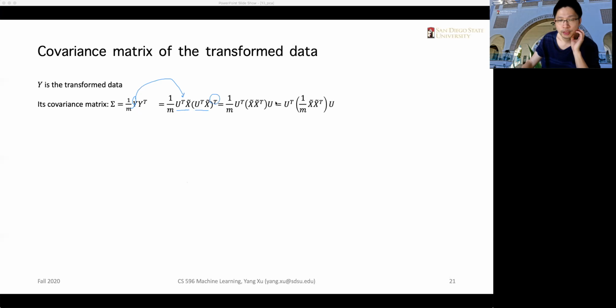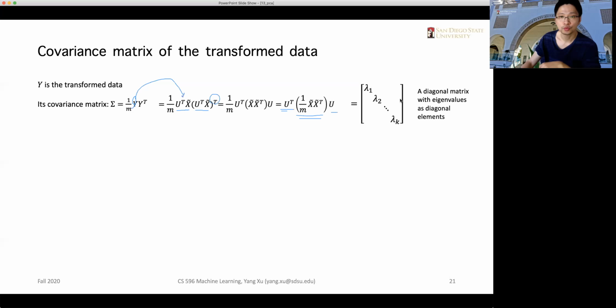So we actually turn back into the covariance matrix of the original data sets with only u transpose and u on the left and the right. So this will result in a diagonal matrix with eigenvalues as the diagonal elements. That's a really interesting result, right?